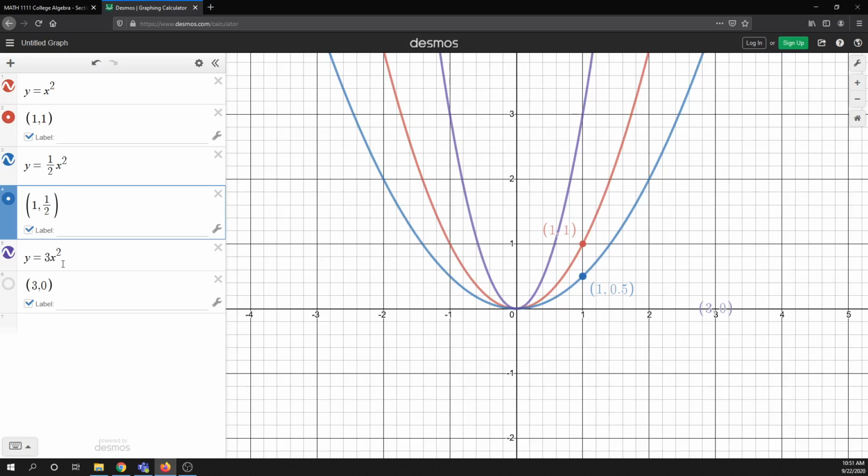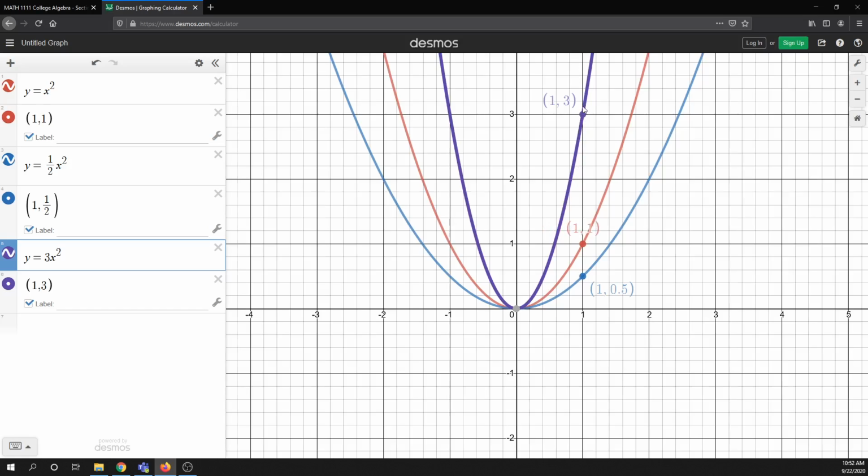All right, on this one, y equals 3x squared, the k is 3. The original point was at 1, 1. So that point is going to get moved to 1, 3, because we multiply the y value of the point on the original graph by the k, which is 3. So 1 times 3 is 3. You can see that point got stretched all the way up here.